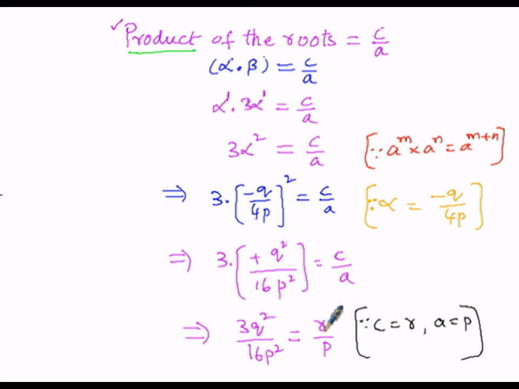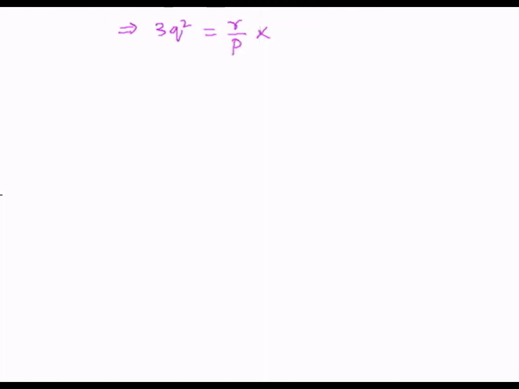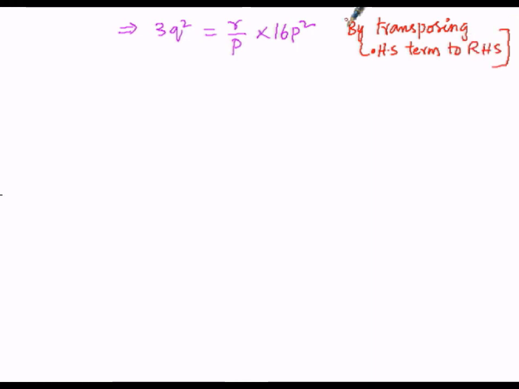So by transposing the LHS term, that is 16p square, over to the right hand side, we got this logical step.